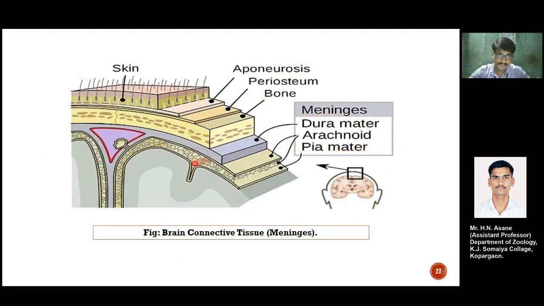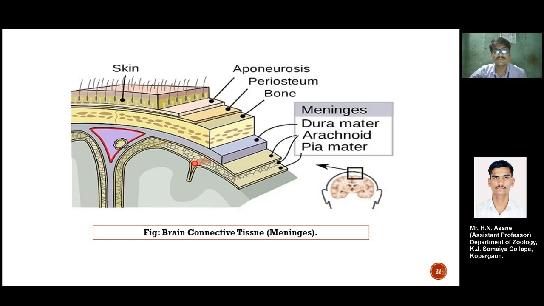Okay, so as you can see in this figure, a section of our skull is shown. You can see the upper skin with our hair, then the aponeurosis, the layer below the skin, the periosteum, the upper layer of the bone, and the hard, toughest part, the bone.